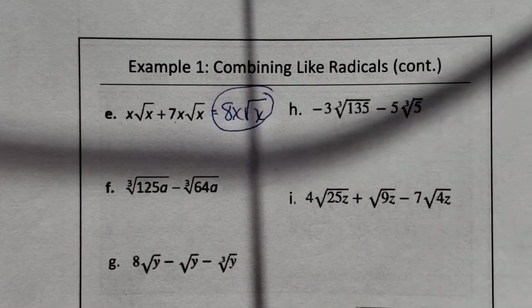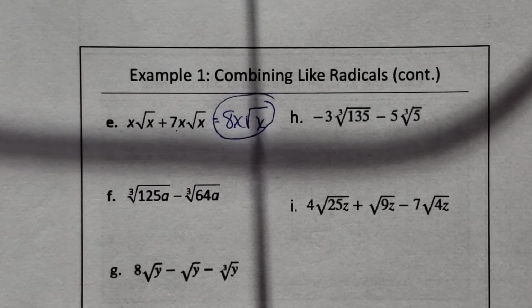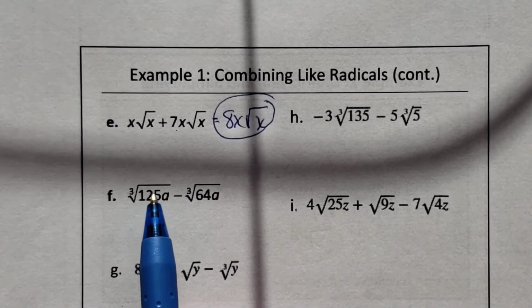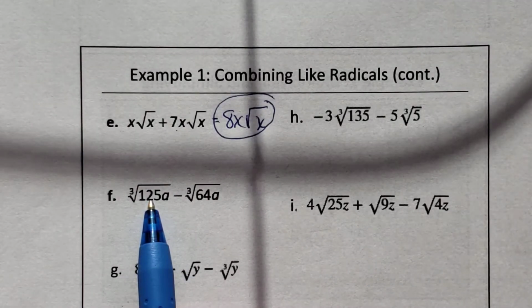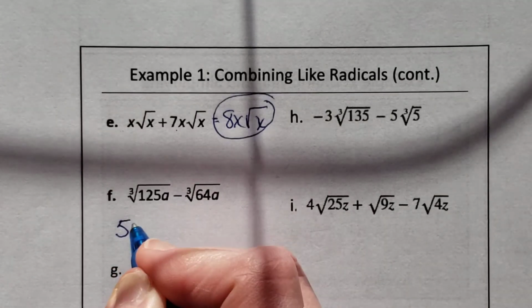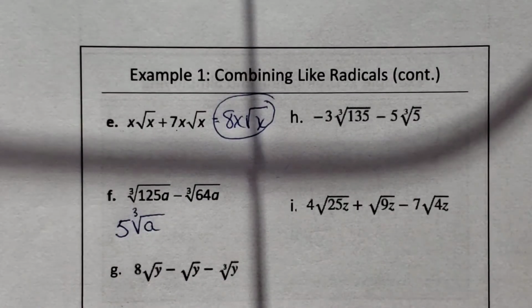All right, letter F. We want to try to simplify these down to see if any of the factors are perfect cubes. Well, actually, both of these are perfect cubes. So the cube root of 125 is 5. A is not a perfect cube, so that stays under the radical.